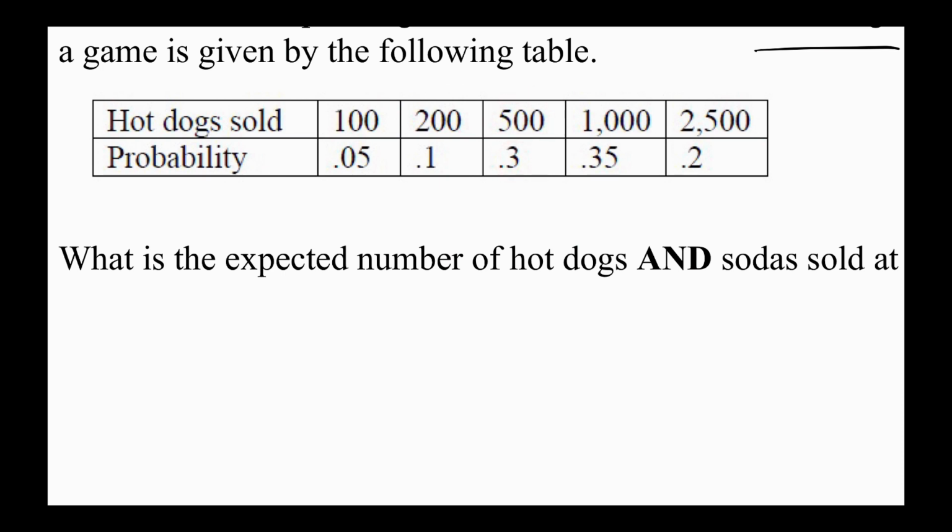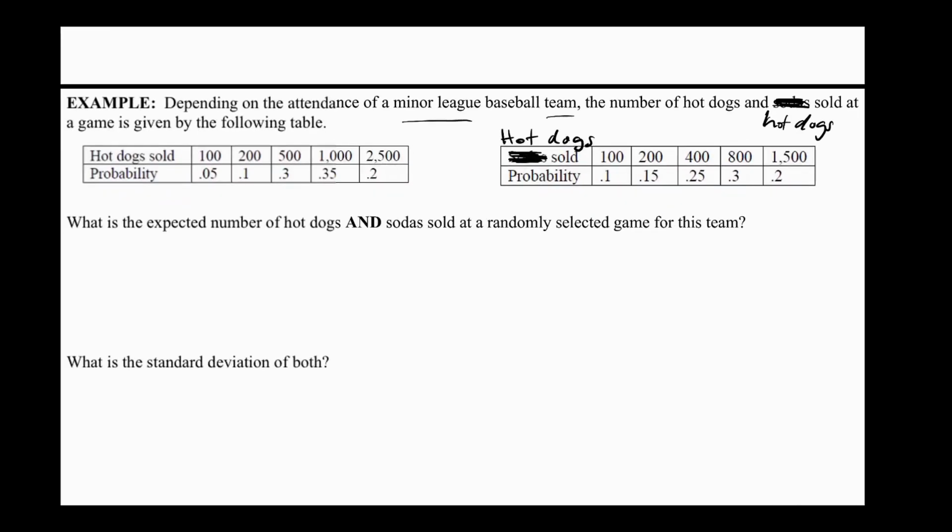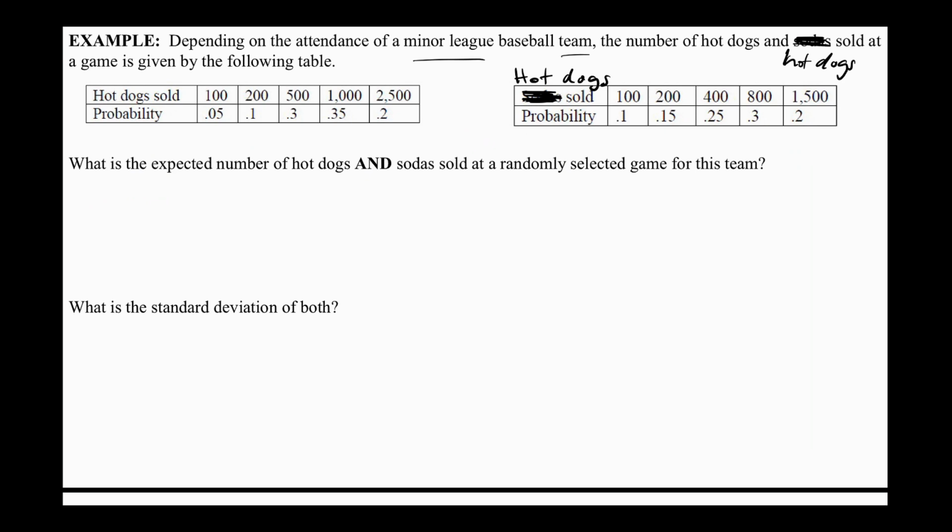The other team, the probability they sell 100 hot dogs is 10%. The probability they sell 200 hot dogs is 15%, and so on. Two separate tables, right? So we're going to find the expected value for hot dogs when I combine the lists together.